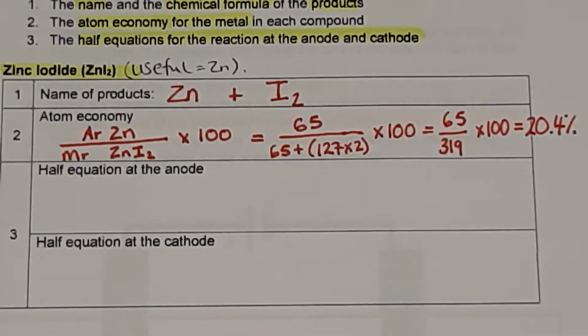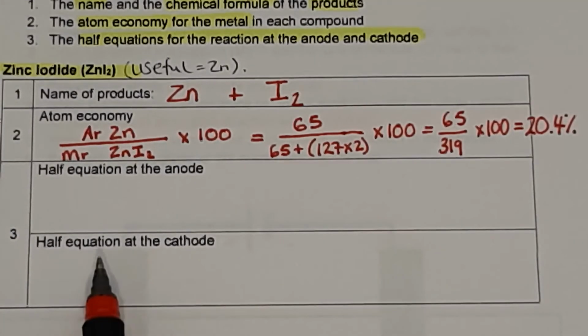So to work out the half equation at the anode, we need to remember which one is going to be produced at the anode. Now, if you recall from earlier in the lesson, at the anode, we are producing our non-metal ions. So our non-metal ions are oxidized at the anode and they become non-metal atoms. So anode is going to be producing iodine.